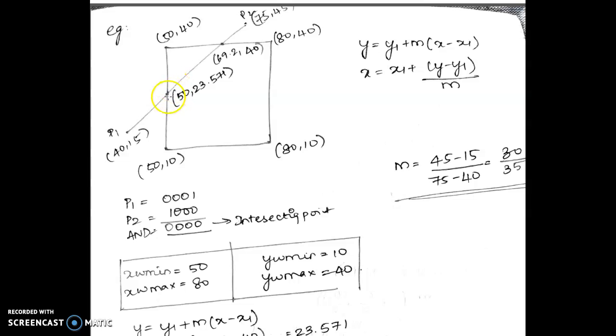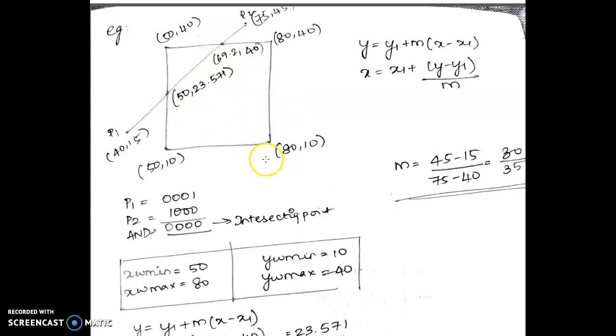This point lies on this line, so we already know the X coordinate is 50. Similarly, this intersecting point lies on this line, and we know its Y coordinate is 40. So we just need to find the Y coordinate of the first point and the X coordinate of the second point.